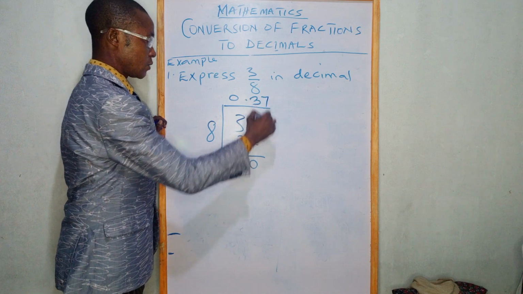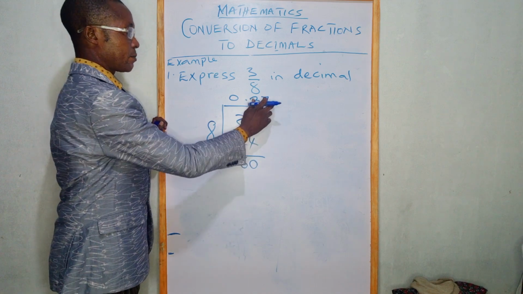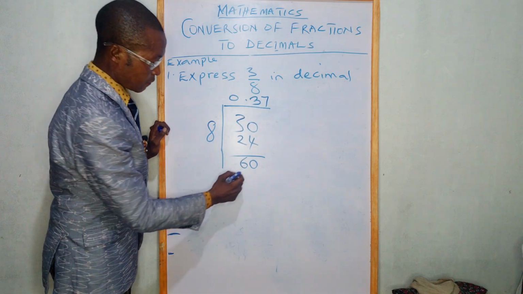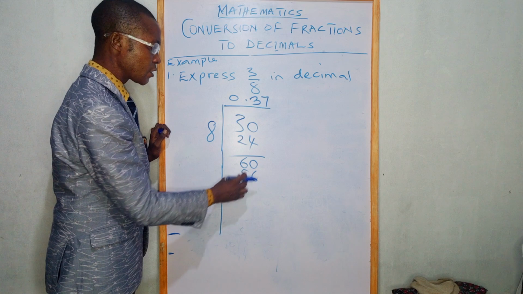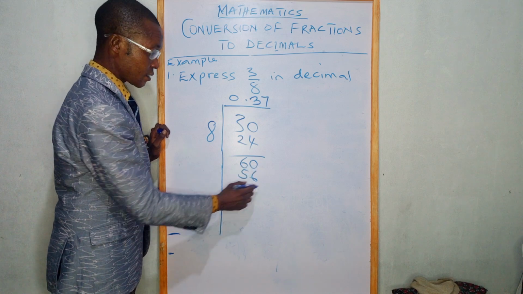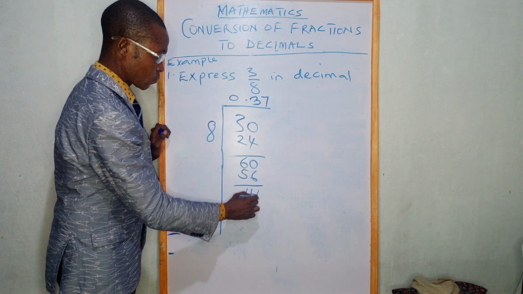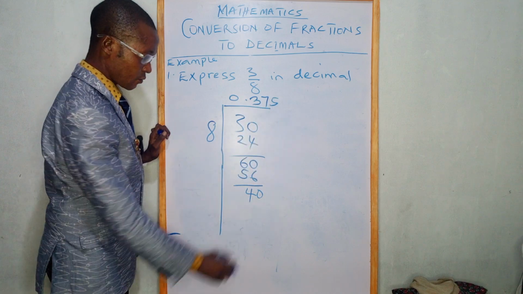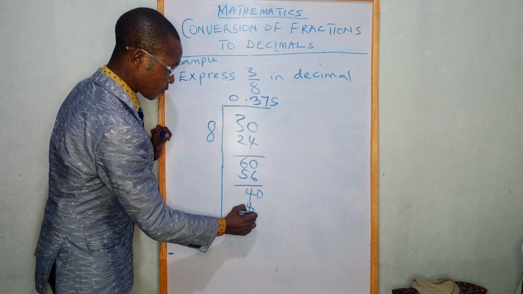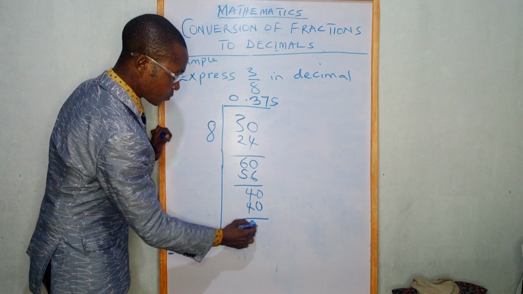That is 7. 8 multiplied by 7 will be what? 56. You subtract again. When you subtract 56 from 60, that will give you 4. Bring down 0, 8 in 40 will be 5. So 8 times 5 will be 40. When you subtract, there is 0.